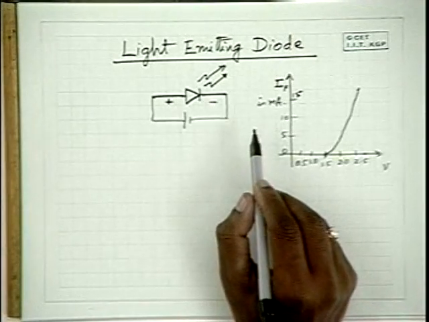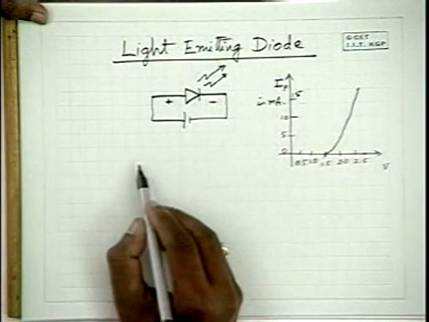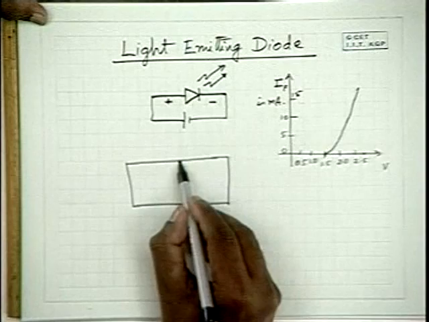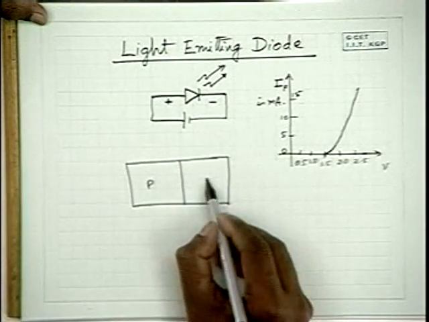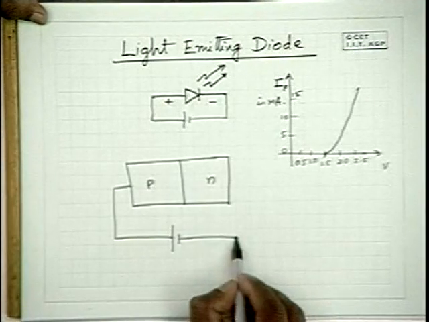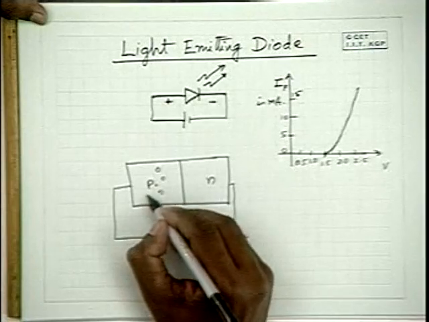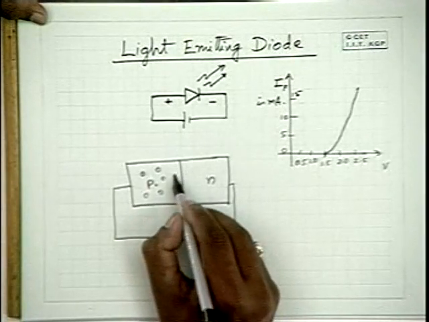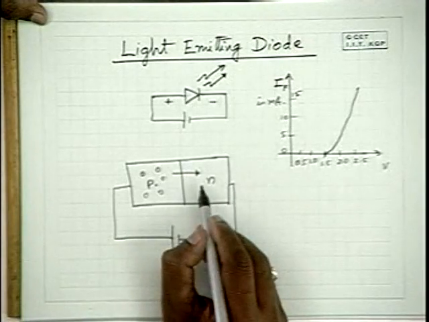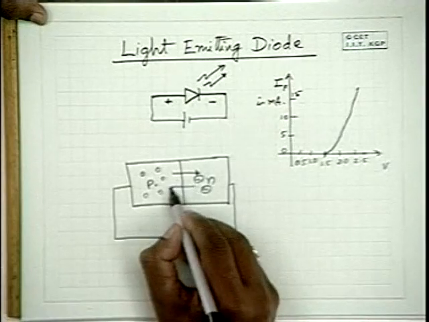And how does it happen? In a forward biased PN junction diode, we know that holes, which are the majority carriers on the P side, diffuse to the N side, and the electrons from the N side diffuse into the P side.